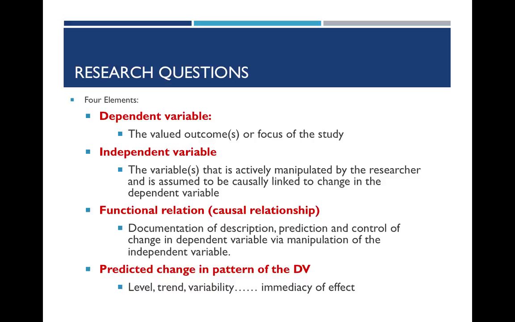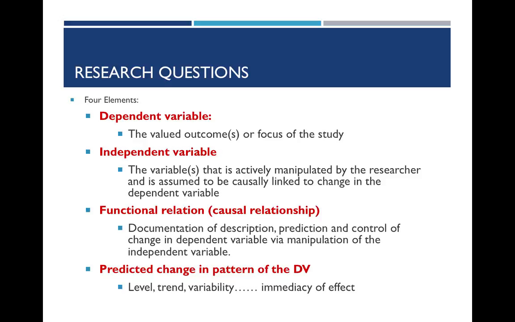You can also, especially with certain dependent variables, some physiological, some behavioral, it's not just level or trend, but it's actually decreasing the variability that you're seeing. It is also often helpful, and in some cases implied, other cases explicitly stated, that the change that's expected will happen either immediately or in a delayed manner.